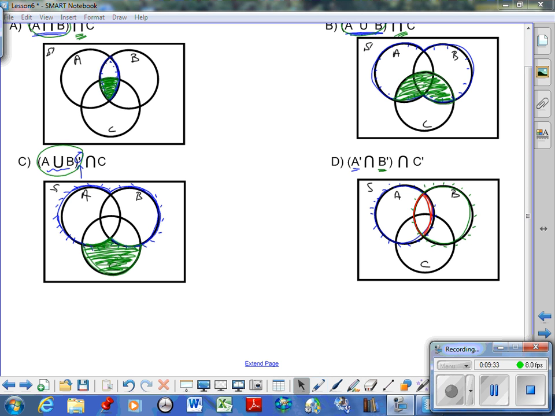No, I'm in error. This is what happens when you do things on the smart board, everything looking bigger. Let me try that again. Because everything outside of A will be colored in blue, the only place that everything outside of green would be is outside of the two circles. So the answer to my first bracket is going to be outside those two.